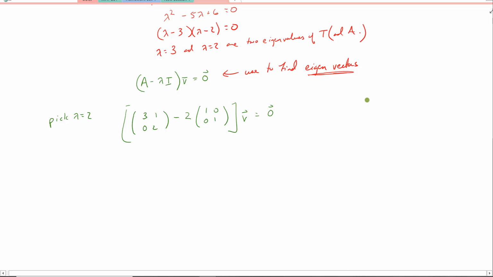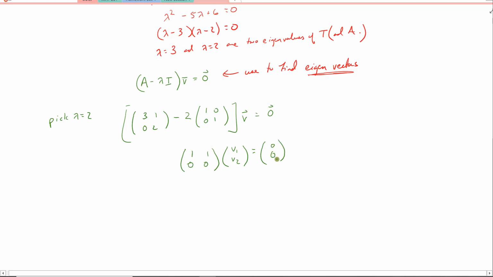So cleaning up that matrix on the left-hand side and going very slowly, because this is where it's easy to make a mistake, we'd have 3 minus 2 for that first entry, 1. Then we have 1 minus 2 times 0, well, that's still 1. Then we'd have 0 minus 2 times 0, well, that's still 0. And then we'd have 2 minus 2 times 1, that's 2 minus 2, or that entry is 0, times our unknown vector, which we'll now break into components v1 and v2, and we want that to equal the 0 vector in R2. Well, in R2, the 0 vector is the vector (0, 0).